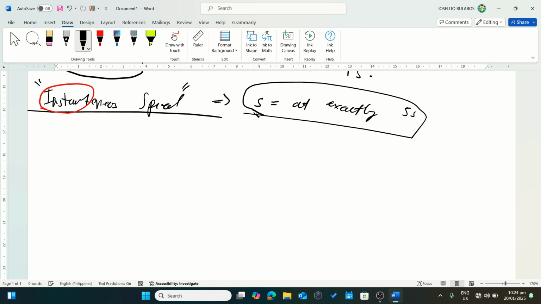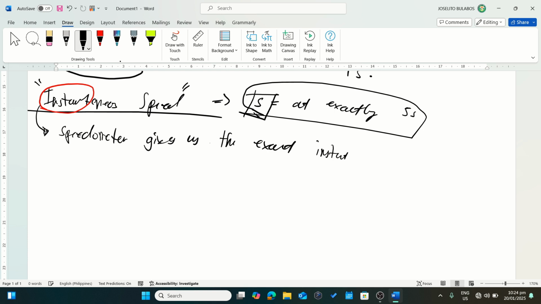So if you want to know the exact speed of the object at the exact time, then you are actually looking for the instantaneous speed. This is actually common to us because the speedometer gives us the exact instantaneous speed.